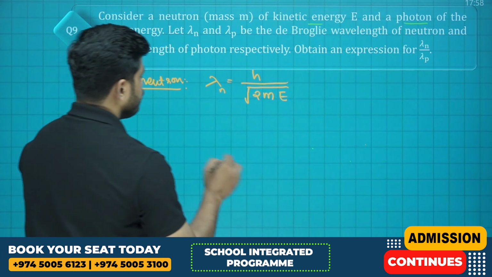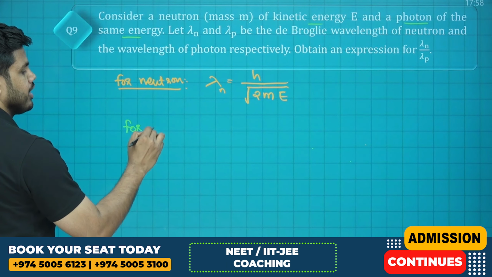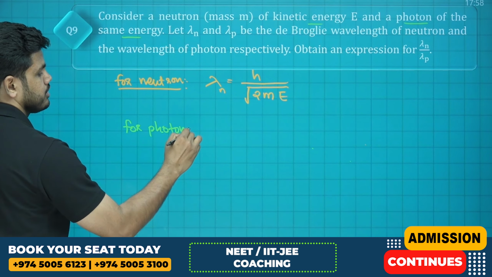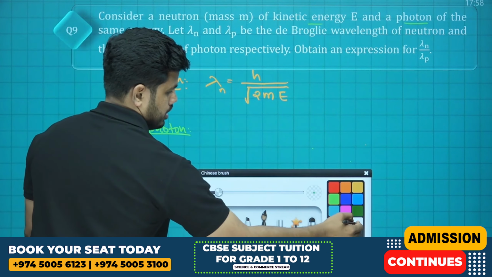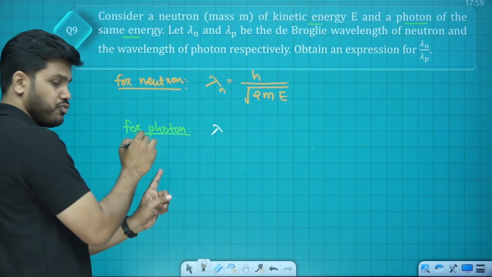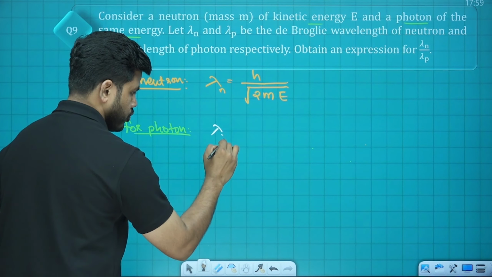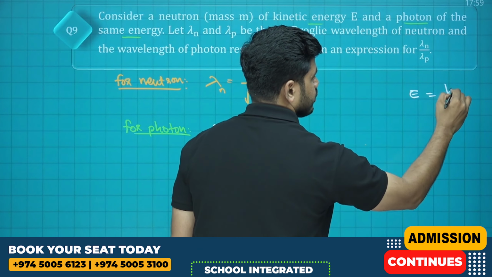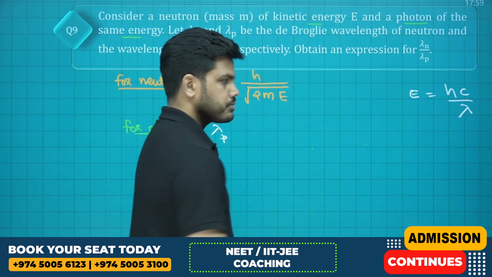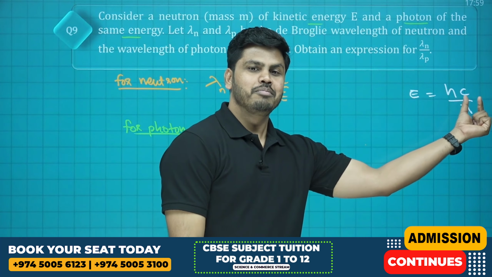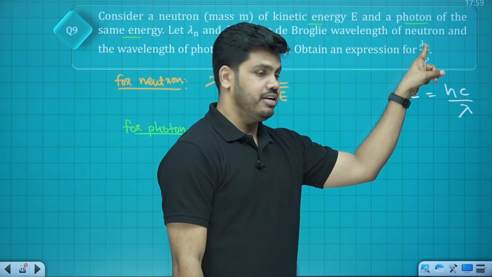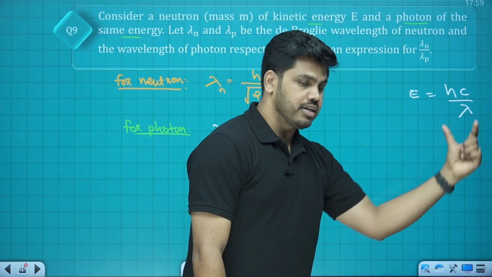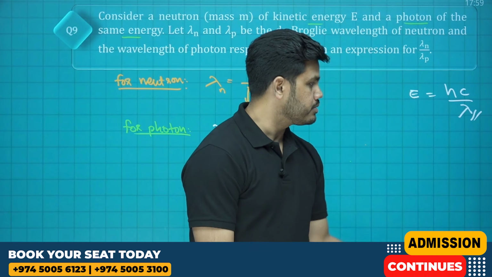Now, what could be photon? For photon, what is the wavelength? Lambda p. Remember, it is a photon, okay, not proton, photon. We know for a photon, energy E is calculated as hc by lambda, h nu, right? But in terms of lambda, we need, because lambda n is to be taken. So, E is equal to hc by lambda. How will you find lambda from this?